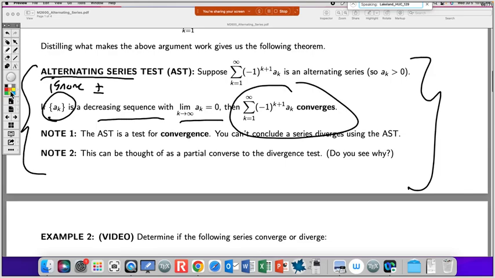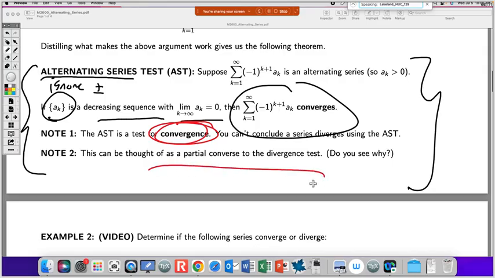So remember, the divergence test was a test for divergence. The alternating series test is a test for convergence. If you apply the alternating series test and it works, your answer is convergent. It's never divergent. You can never say this diverges by the alternating series test. Okay.